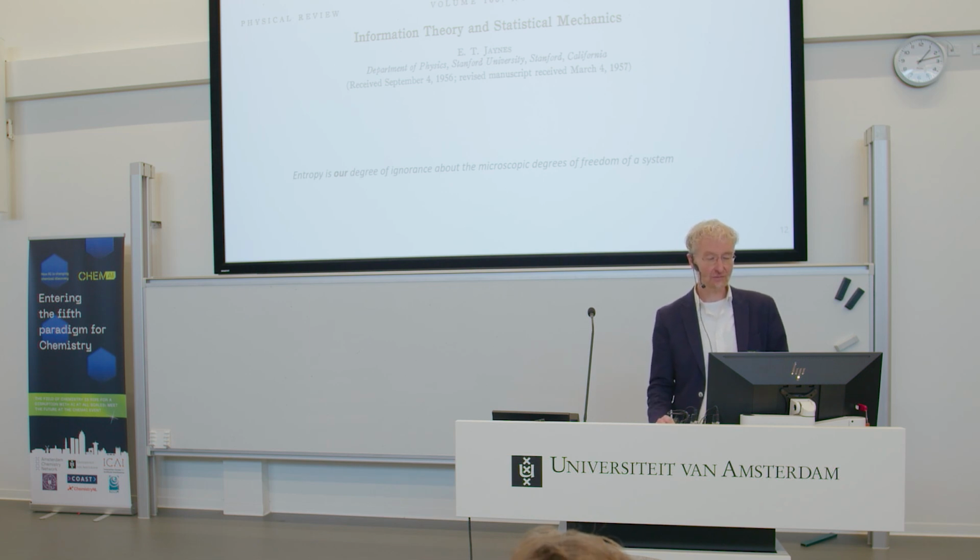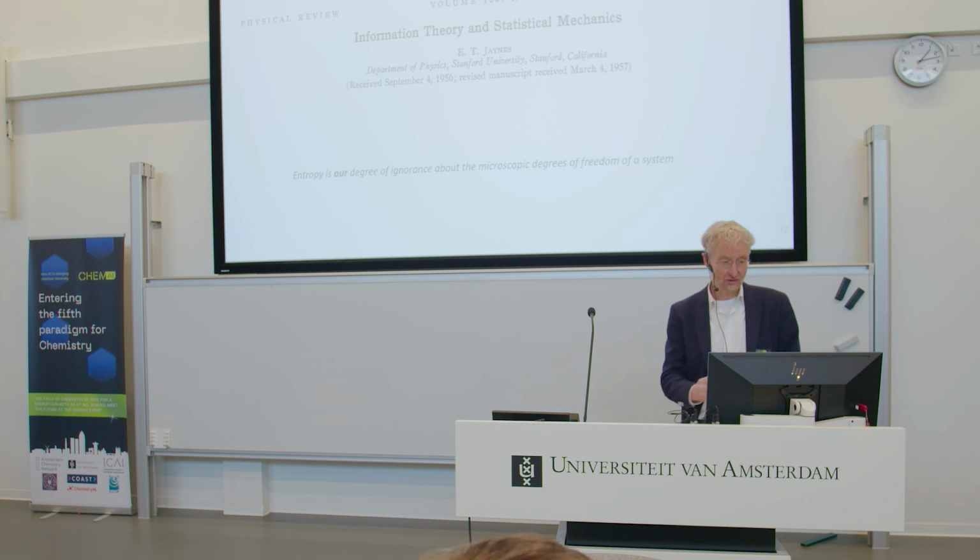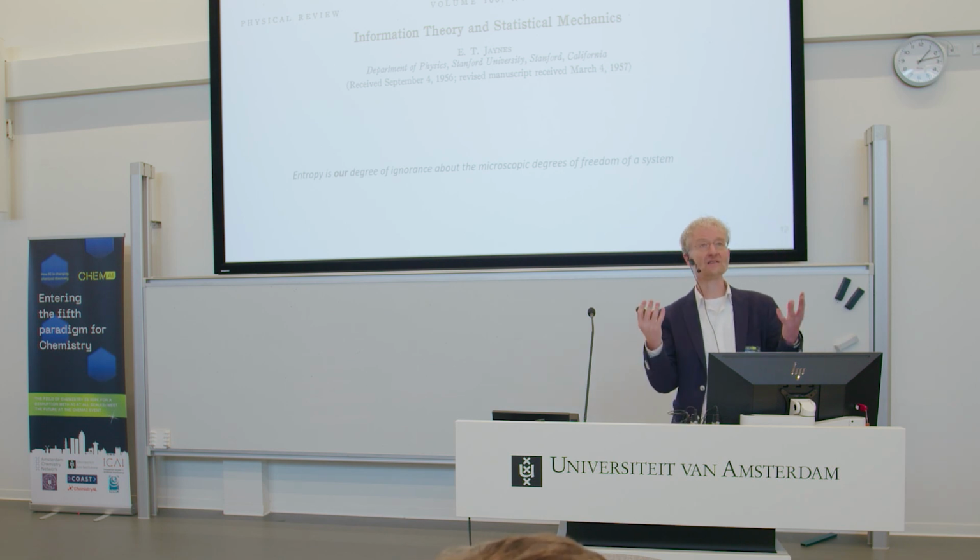And this is, I find, a beautiful paper by Jaynes called Information Theory and Statistical Mechanics, where he basically argues that these things are very deeply related. The most important part here is that entropy is our degree of ignorance about the microscopic degrees of freedom of a system.